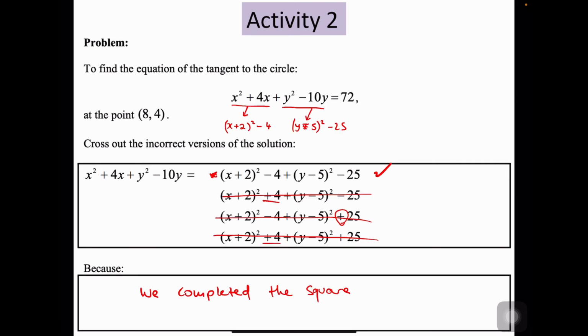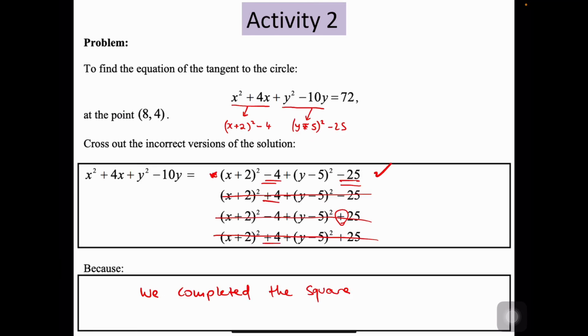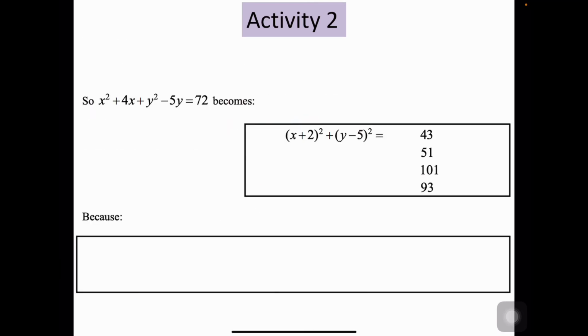Now, the next step is to collect the constant terms. So we have negative 4 take away 25, which gives you negative 29. So all of a sudden we have negative 29 on the left hand side and we have 72 on the right hand side.